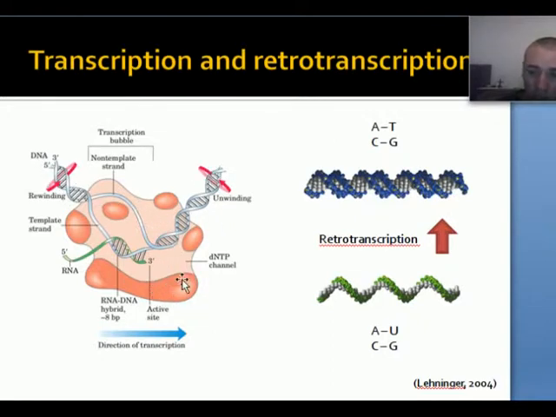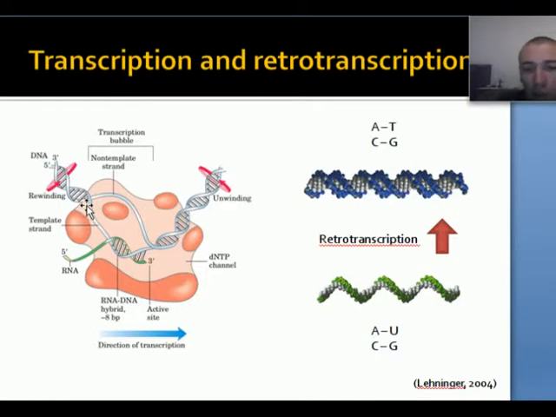This pink protein is the RNA polymerase, and DNA is unzipped, like opened, by a protein called helicase. This helicase is important for our next diapo.